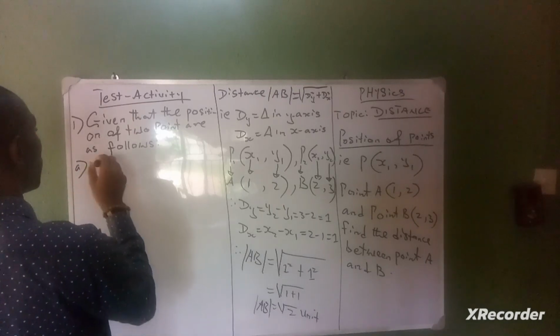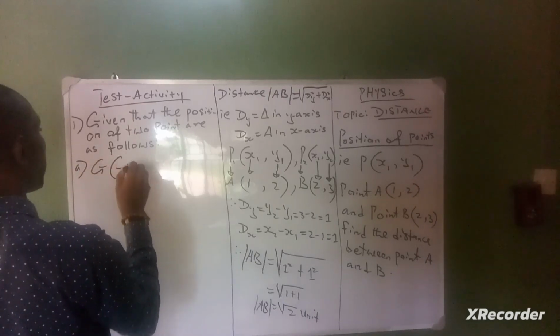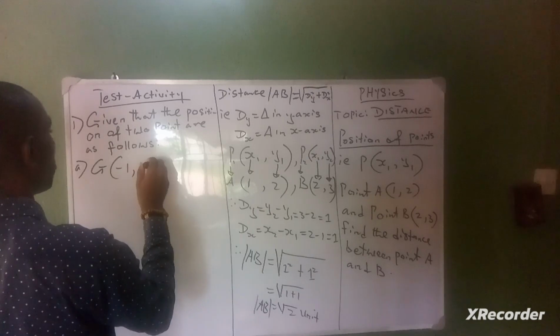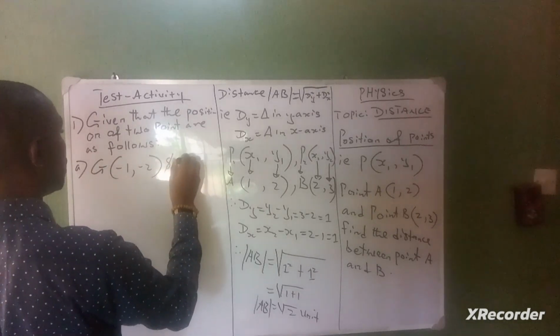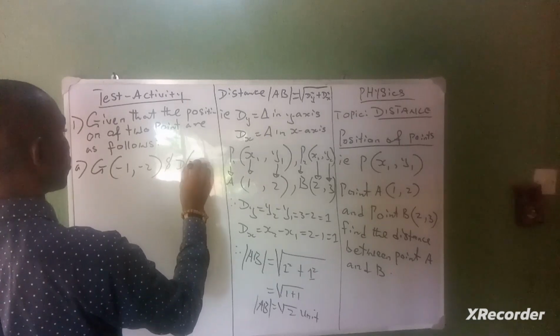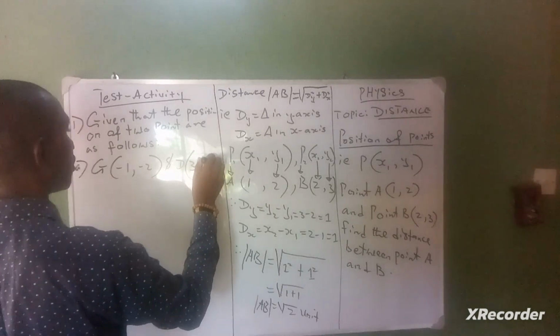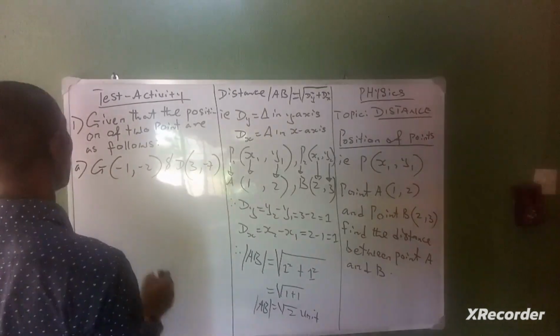A: G (minus 1, minus 2) and D (3, minus 7).